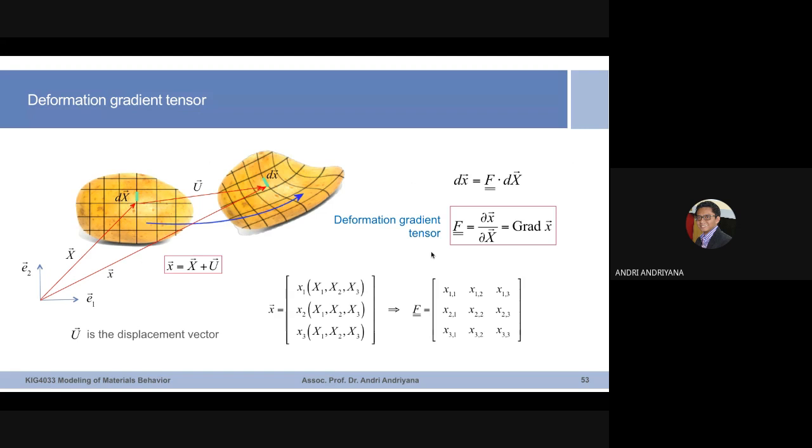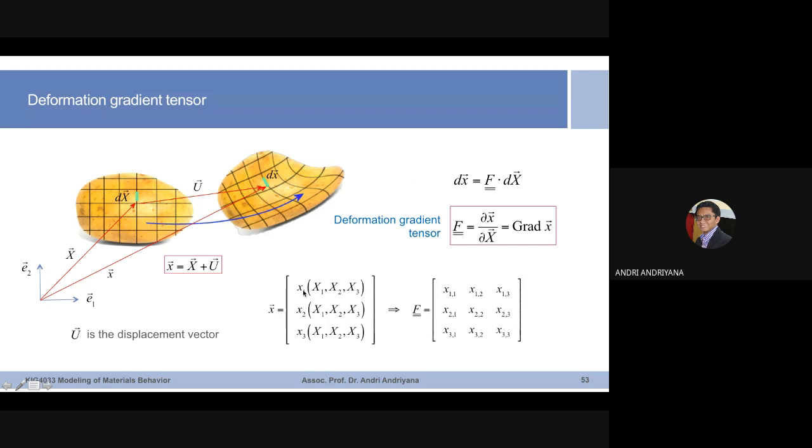Okay. How do we get the deformation gradient tensor? Well, we first need to determine the components of the vector small x here. The components of the vector small x will be x1, x2, x3, components along axis 1, axis 2, axis 3.